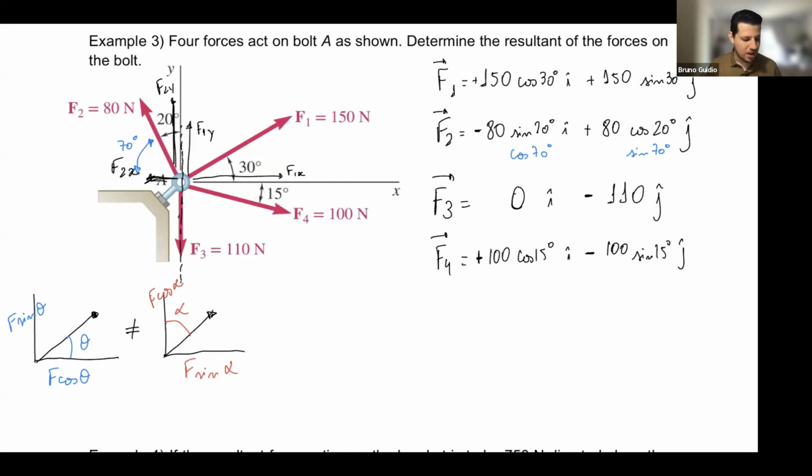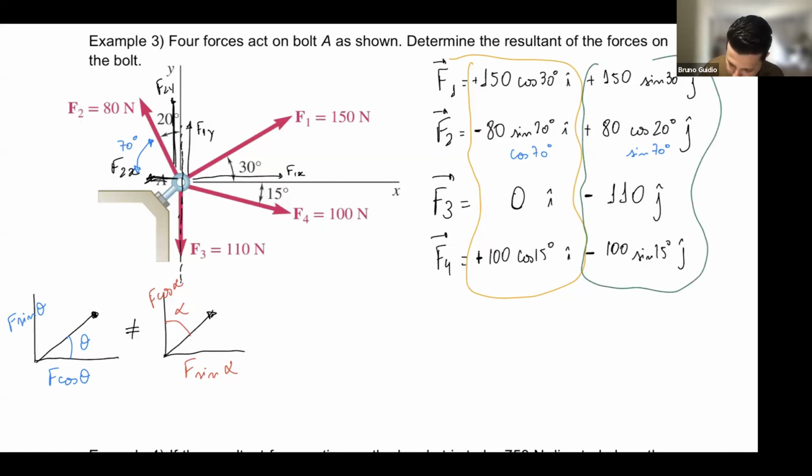Now, how can I find the resultant? Well, I'm going to sum those guys and those guys, and get the sign here. I'll leave the result here, then you guys can type it and see if you can get the same.